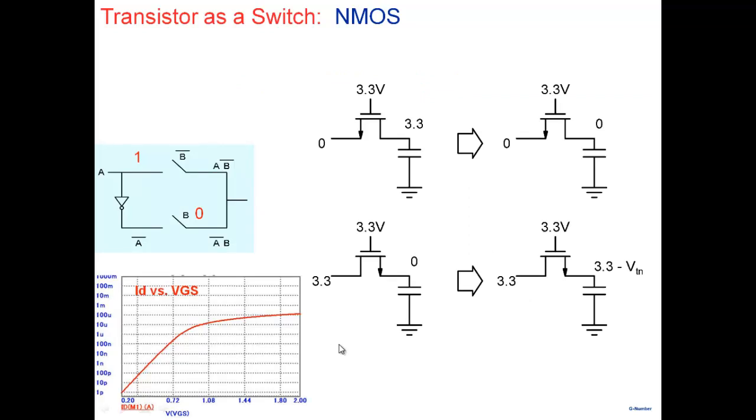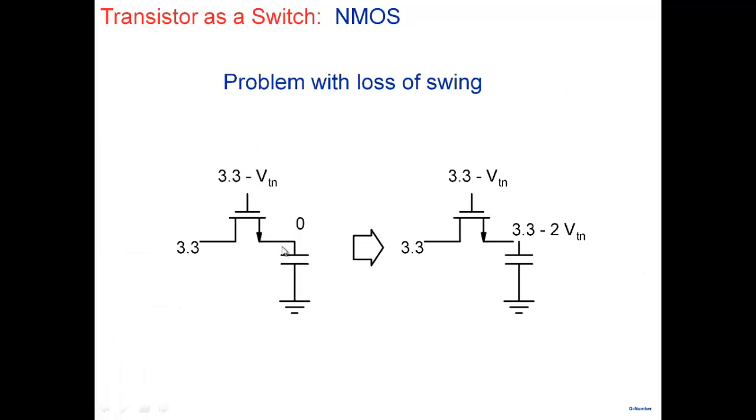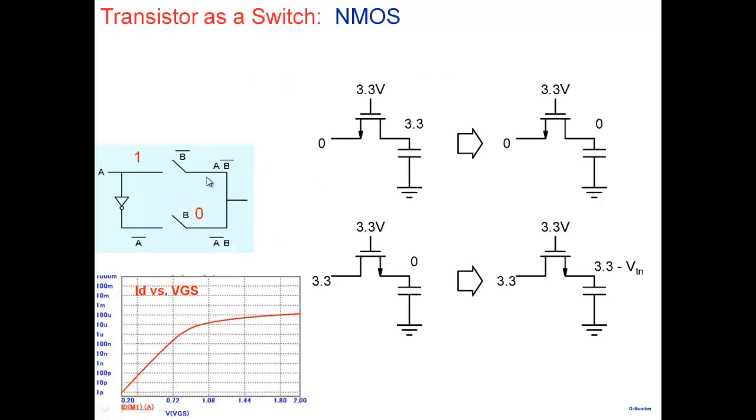So now what is the problem with this? If I start using NMOS as a switch, I get 2.3. Note that this part will now serve as the input to some other gate. If you get 2.3, this output may go to the gate of some particular switch here.